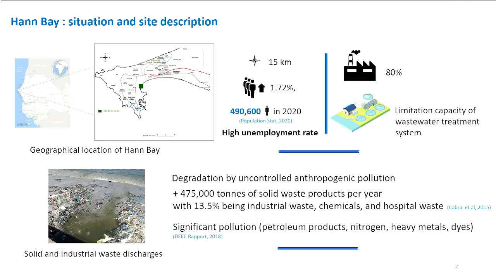The population is very young, and it's characterized by a high unemployment rate. Also, we have a limitation in wastewater treatment plants in our country. So all this leads to solid and industrial waste discharges into the bay, like you can see here.